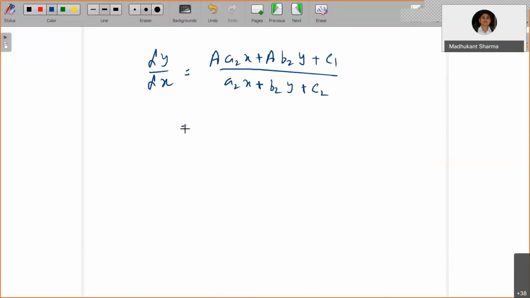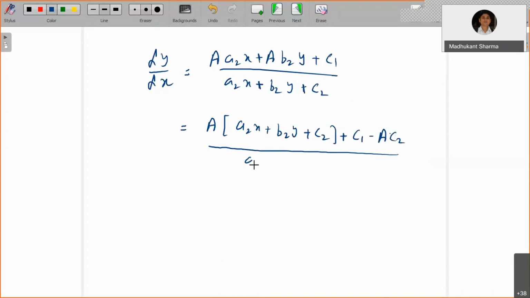So what you can do is, in the numerator, I can write a2x plus b2y plus c2 here, and adjust with minus a c2, divided by a2x plus b2y plus c2. Then you can replace v equals a2x plus b2y plus c2.